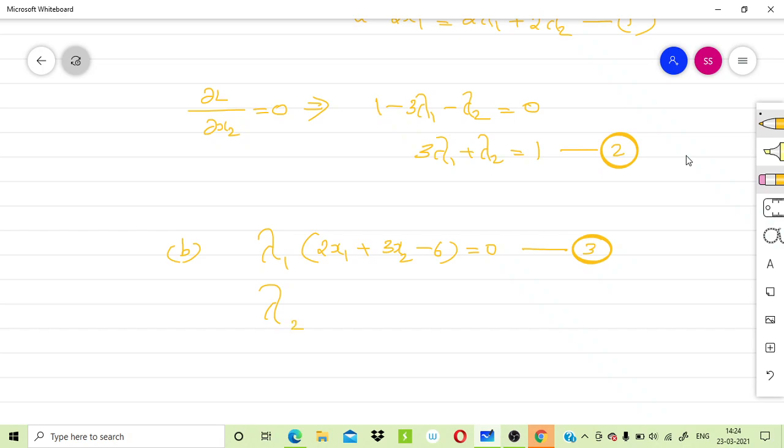And we have the second, that is lambda i into gi of x, that means the next constraint g2 of x, that is 2x1 plus x2 minus bi, so minus 4 equal to 0. This is our fourth equation.